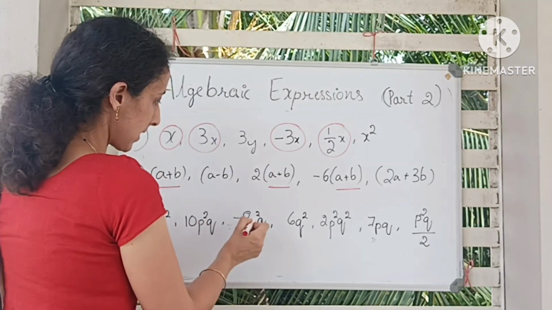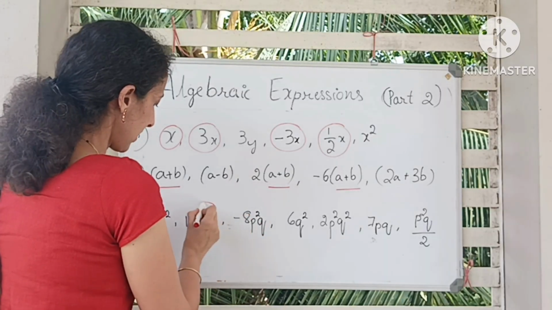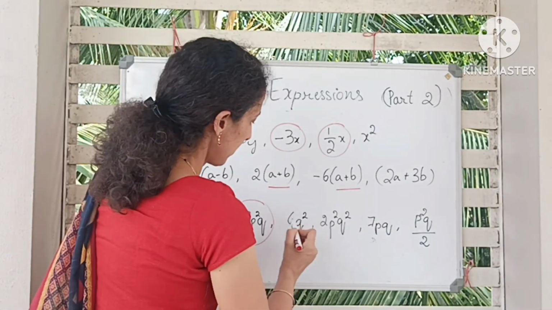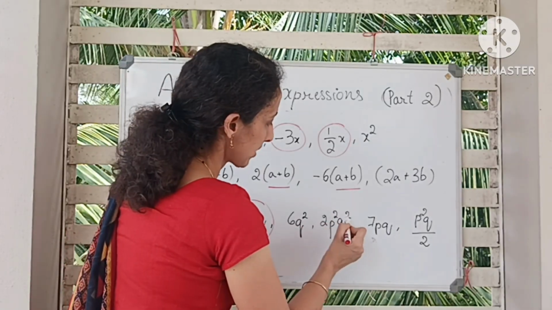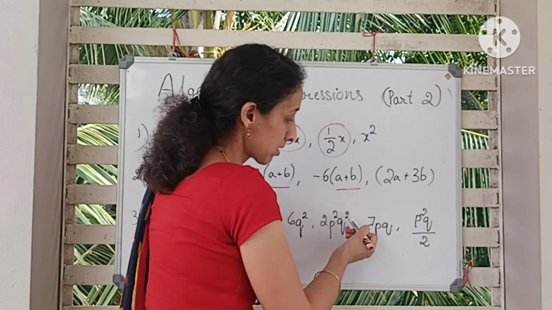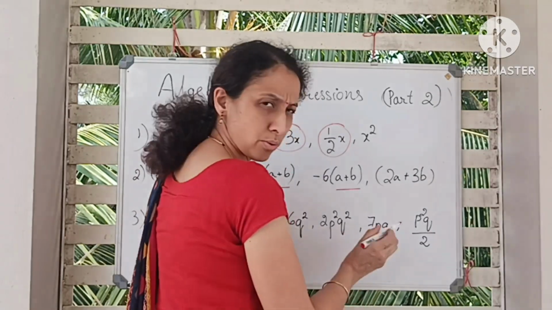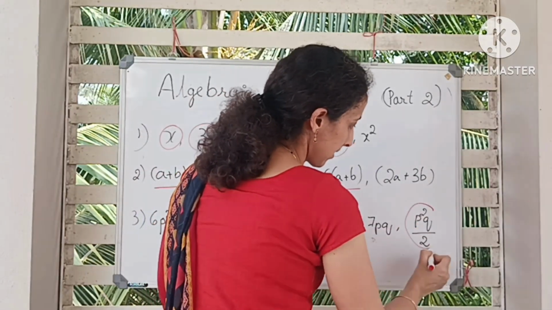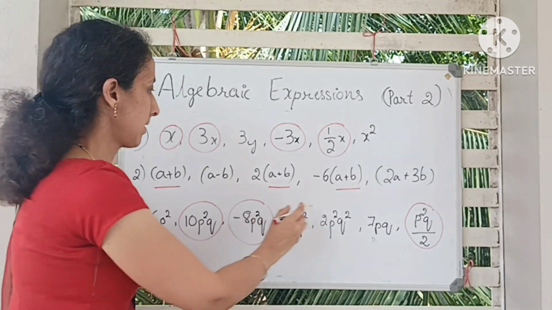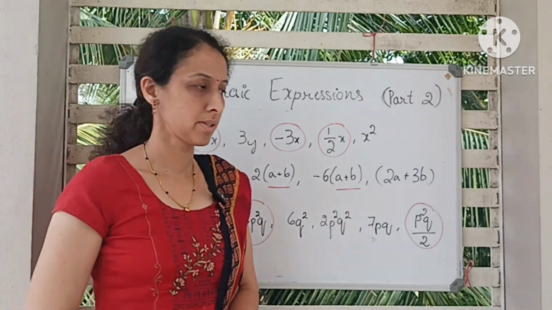P square q is the same here also, and there is no p square here. P square q square, no, this has exponent 2, and pq no exponent, and here p square q divided by 2. These three are the like terms.